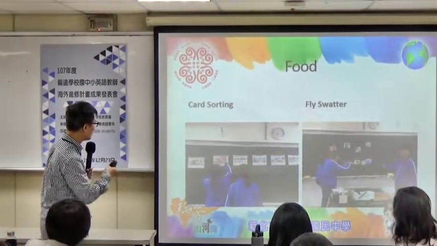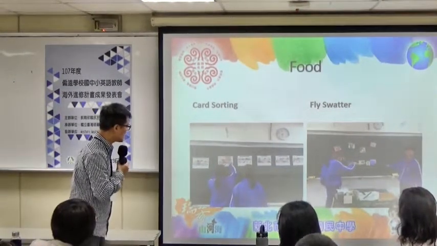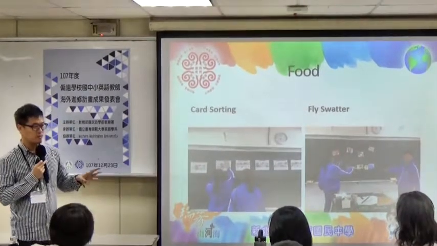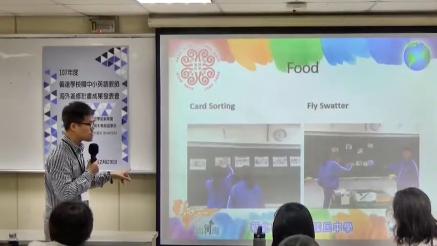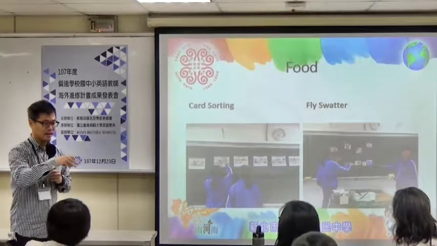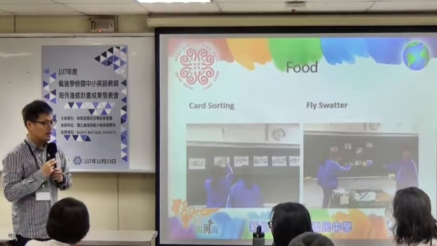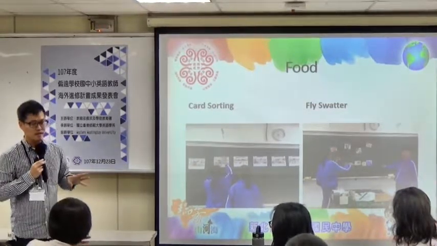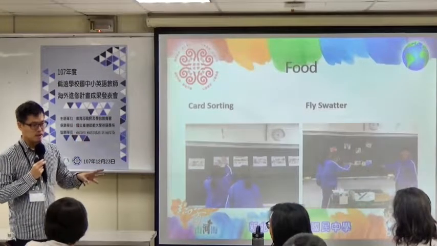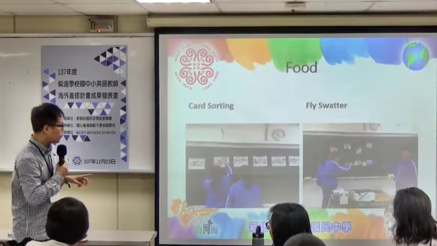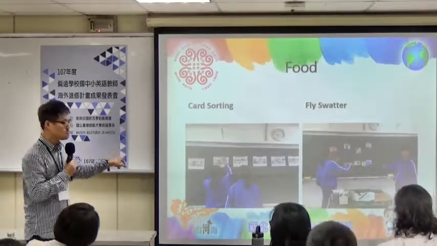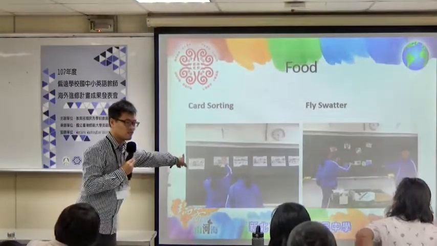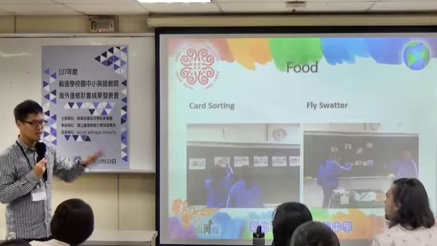And then the next one is the card sorting. We let students guess what kind of food belongs to each state. In the first part they just guess the answer, but in the second round they know how to analyze, to apply the knowledge they learned in the first lesson. And finally, one of my groups got the full score of 8 pictures because they know how to analyze.